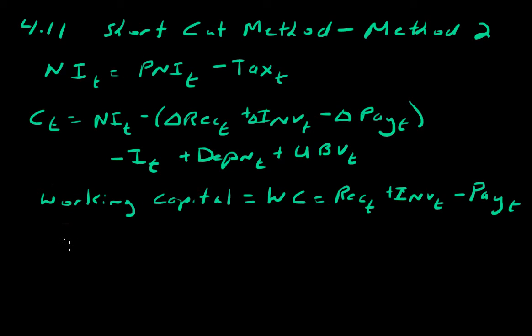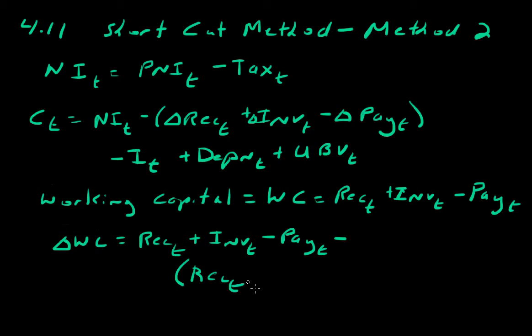When we think about change in working capital, we simply take the balances currently and subtract out the quantity as before from the prior period. And that's our change in working capital.